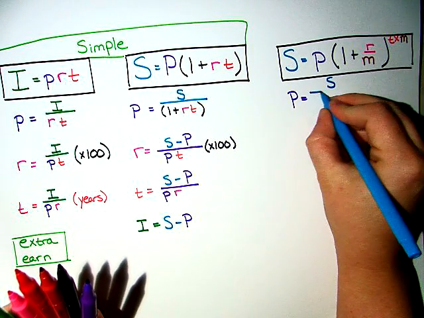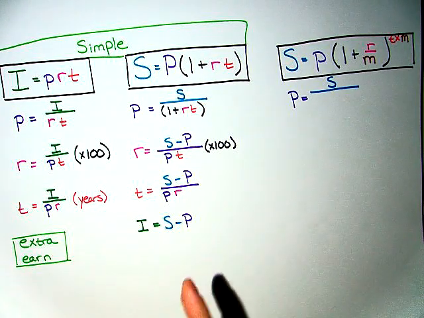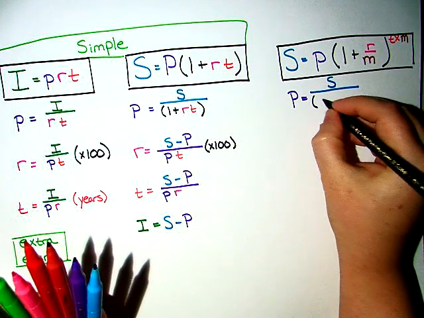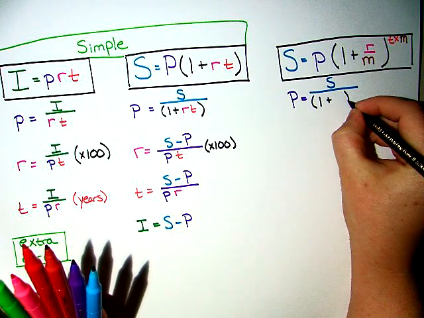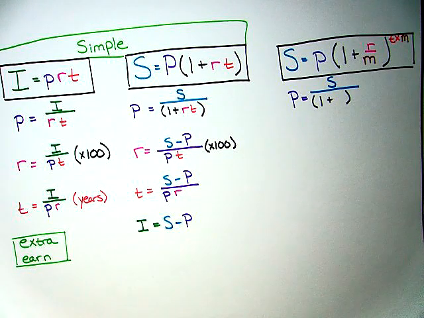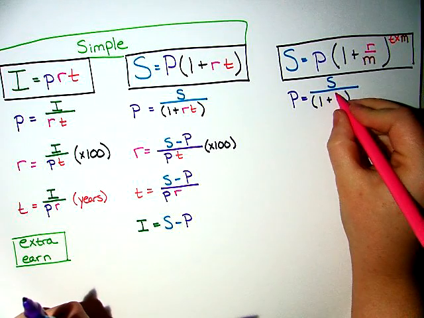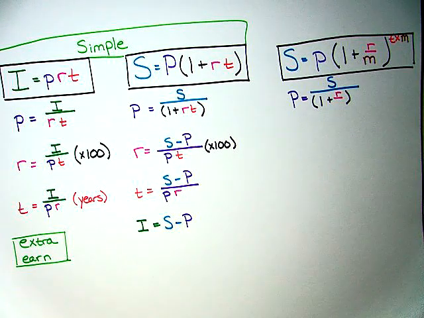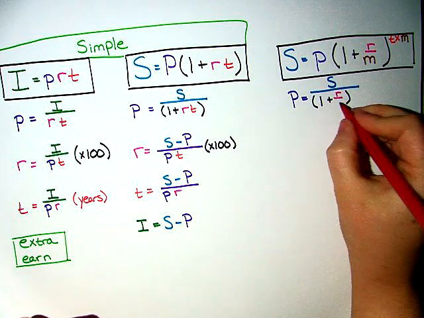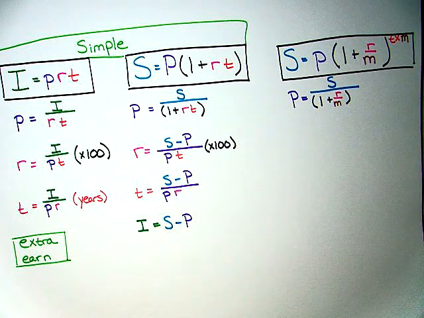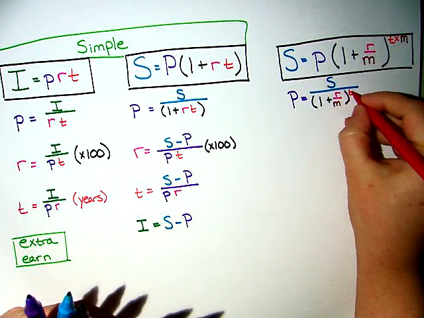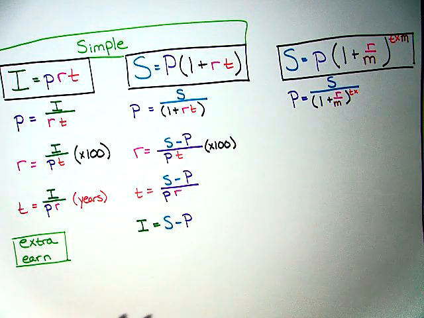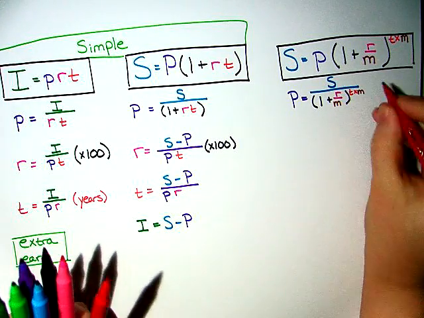So your full amount divided by 1 plus your rate over M, to the power of the time in years multiplied by your M.